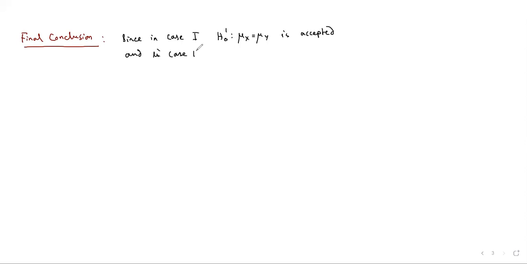Final conclusion: that since in case 1, H01, mu x equal to mu y, is accepted, and in case 2, H11, sigma x square and sigma y square, is accepted.